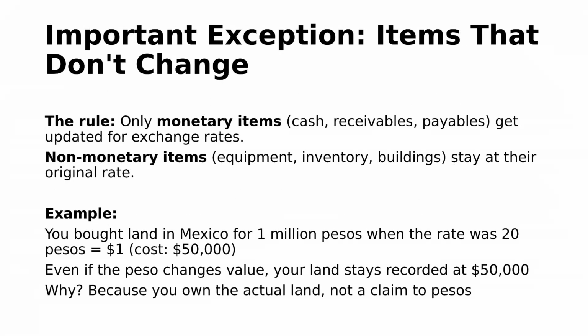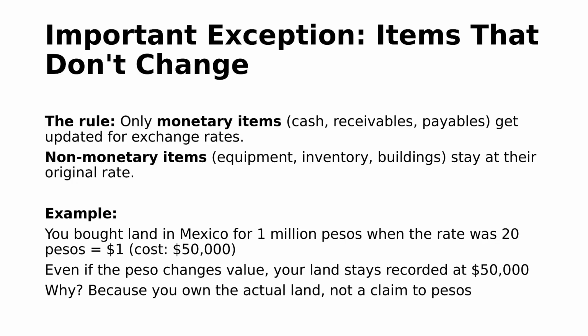Let's talk about an important exception in foreign currency accounting: items that don't change value with exchange rates. The key rule is only monetary items like cash, receivables, or payables are updated for exchange rate changes. But non-monetary items, think equipment, inventory, or buildings, stay recorded at their original rate regardless of currency fluctuations.